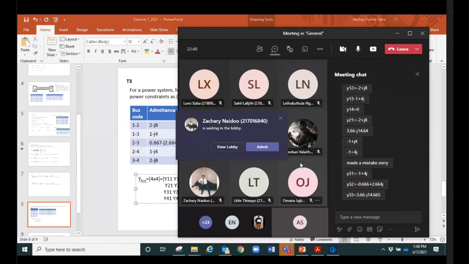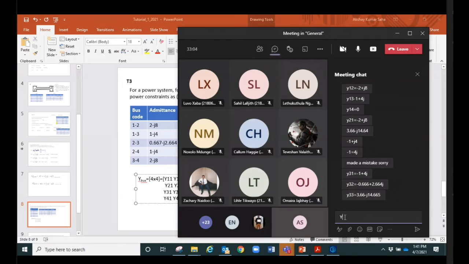This is the power equation that we will need.